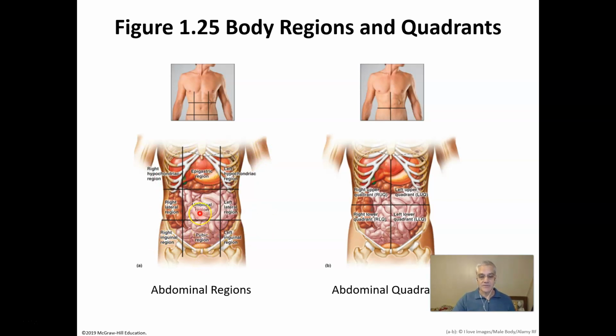We call them the epigastric, the umbilical. Umbilical might be easy to remember, belly button. And pubic region. So you have to study these. Yes, you have to memorize these. We will get to the significance and the organs and the problems that are found in each of these areas based on its anatomy.